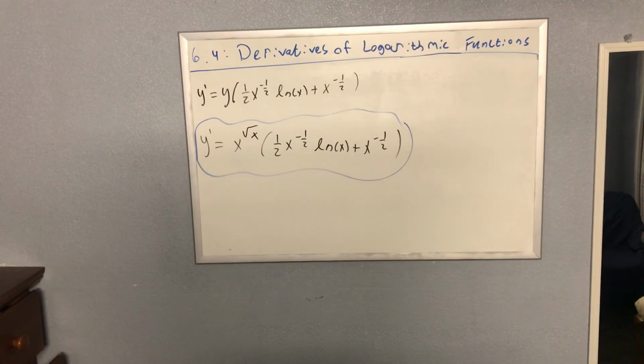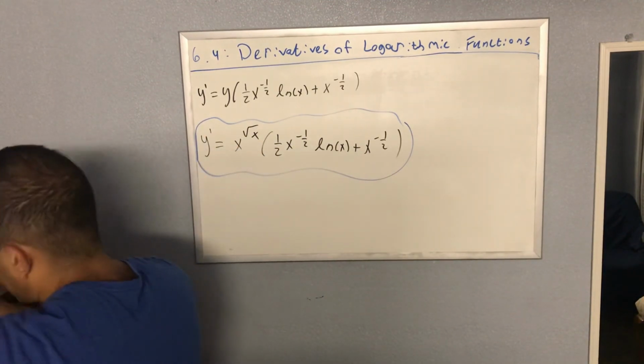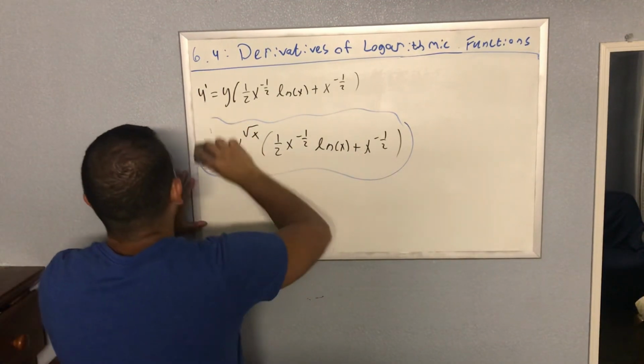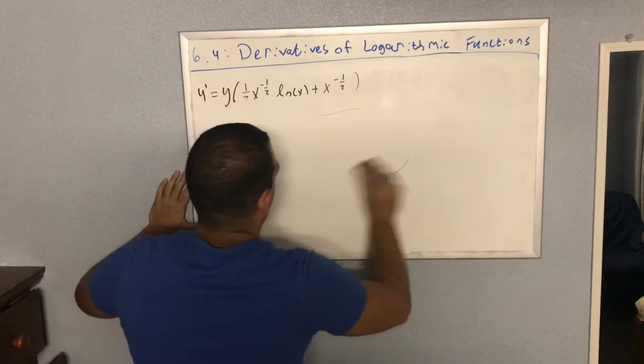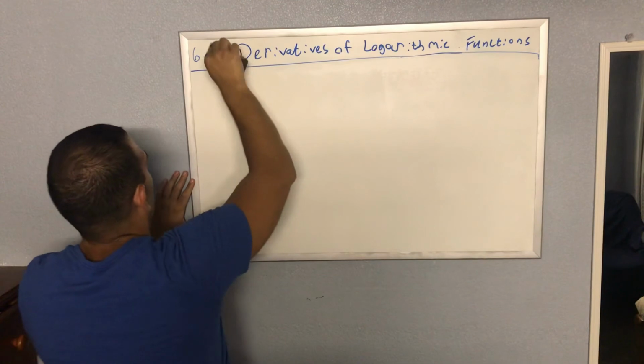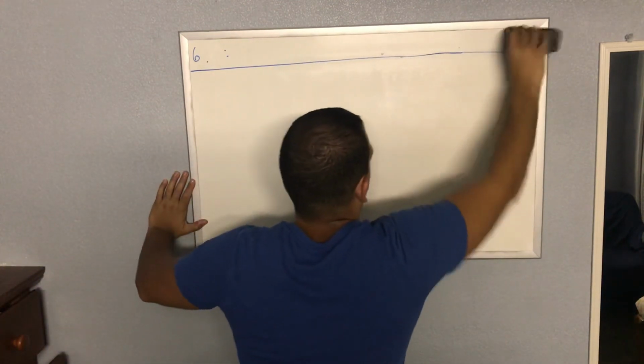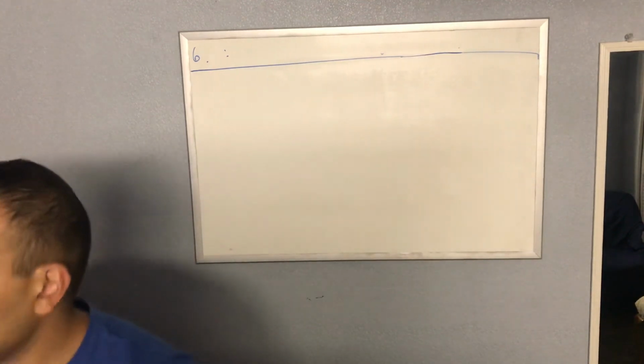And we have about 12 minutes left, so I might as well start on the new section. So we're going to skip 6.5. I believe we skipped 6.5.